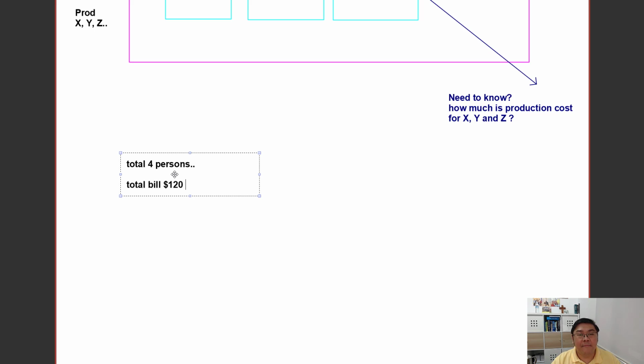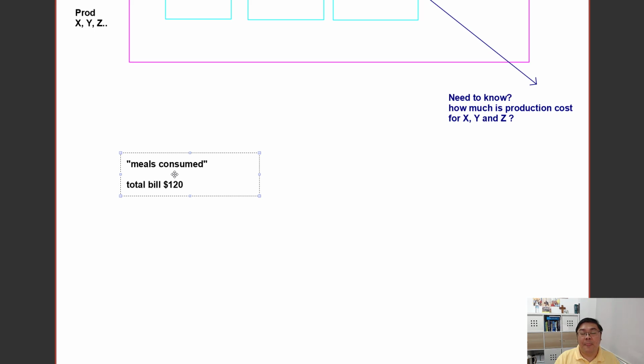Which is fine. But sometimes you will say, hey, but James, he ordered the double portion and he ate more, how could all of us be paying the same amount? You have a point, and then you start to say, let's not use the number of persons to do the apportionment. Let's base it on the meals consumed.